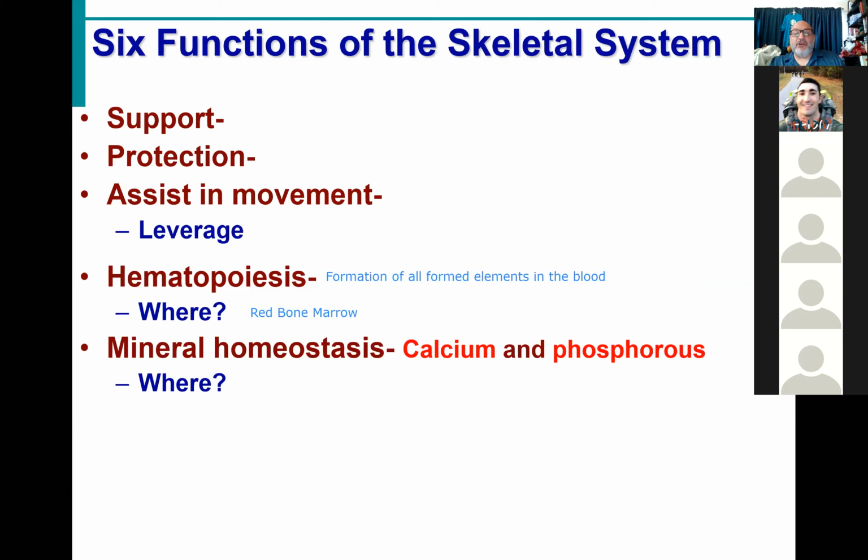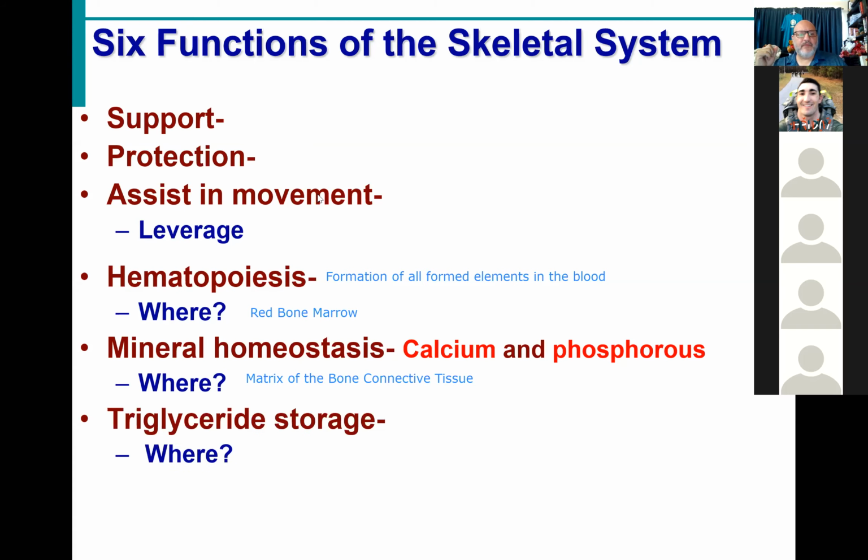We have our mineral homeostasis, storage of calcium, phosphorus, magnesium, other things along those lines. And as we said, that is going to occur within the matrix of the bone connective tissue. And lastly, our triglyceride storage, right?